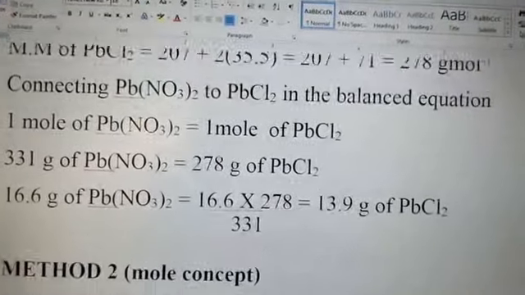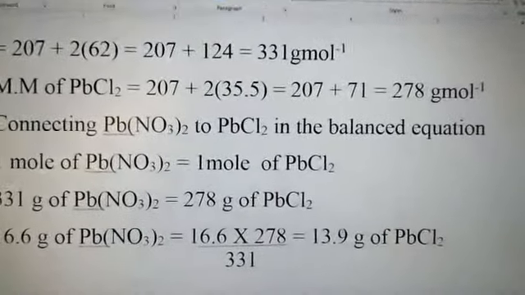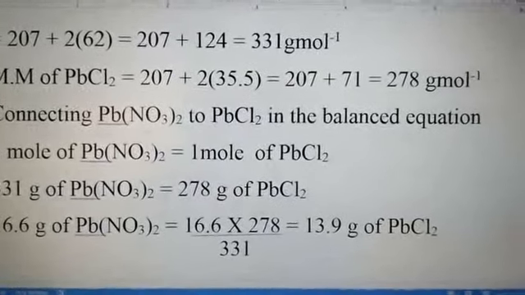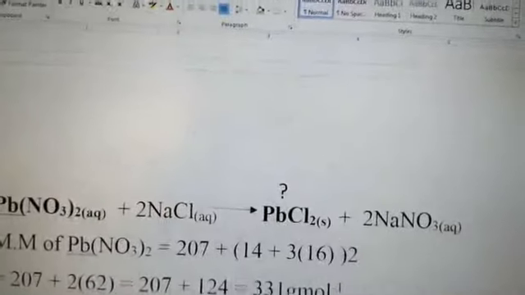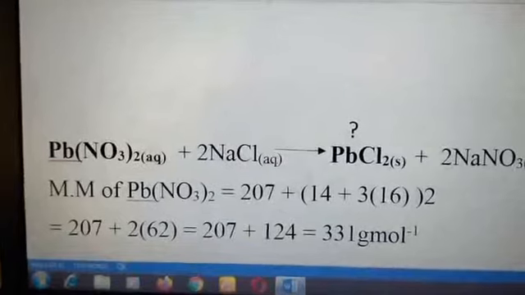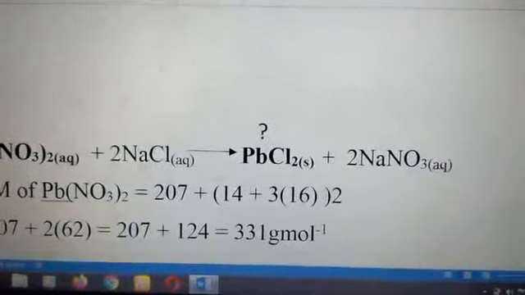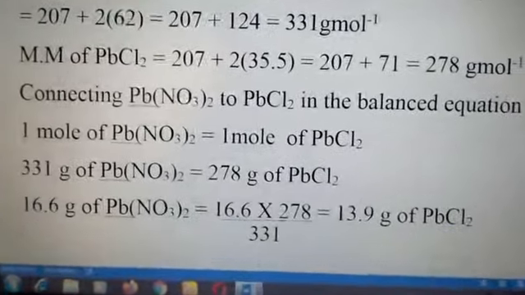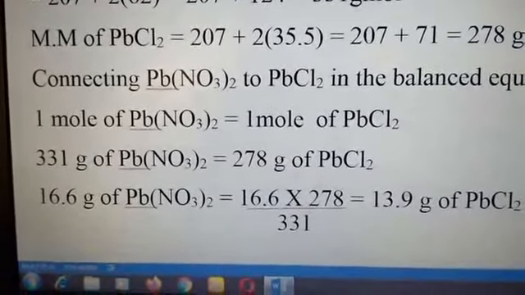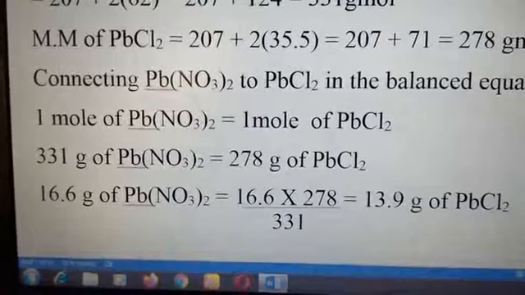So, connecting from the balanced equation, lead nitrate, the known substance, to lead chloride, the unknown substance, you see you have 1 mole of lead nitrate and 1 mole of lead(II) chloride. So you connect the two of them: 1 mole of lead nitrate equals 1 mole of lead(II) chloride.